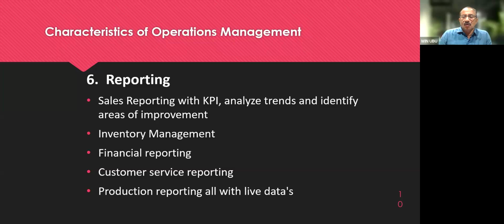Even if a sales manager is there, operations have the right to sync, coordinate, monitor, give guidelines and ensure that they are reaching the key productive indicators. Based on the analysis and trends, they have to identify the areas for improvement.